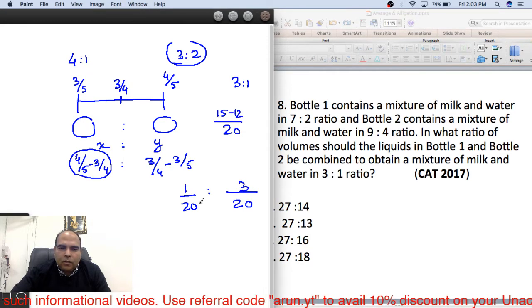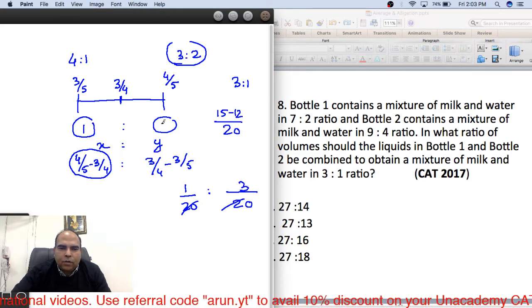So 3/20. So the 20 will cancel out. You will get the same ratio of 1:3.